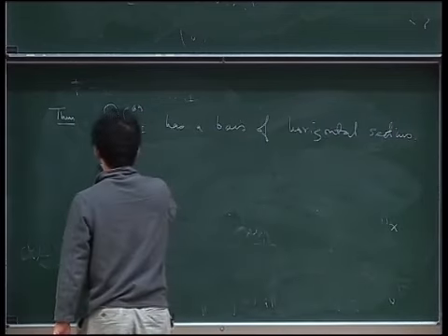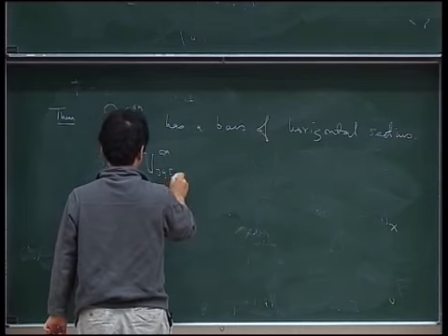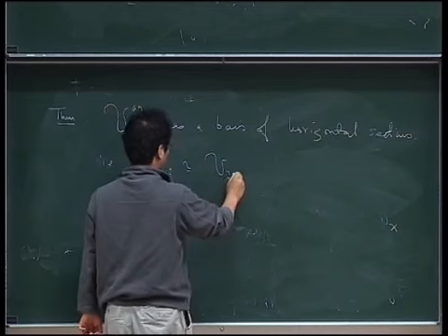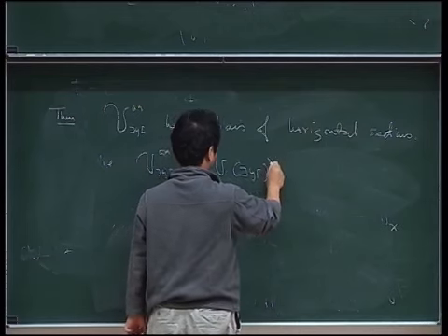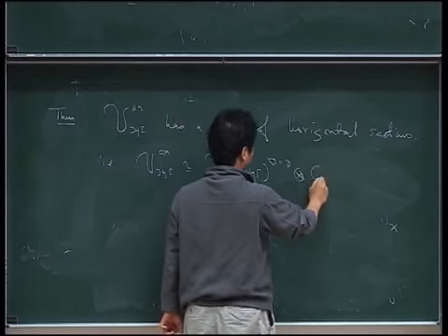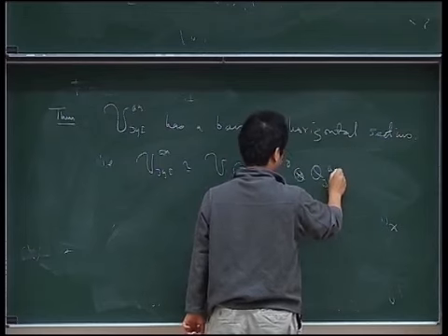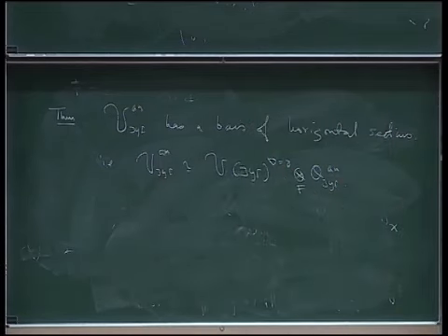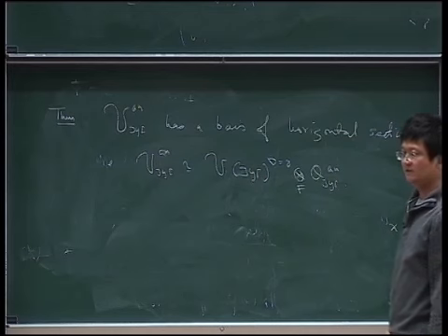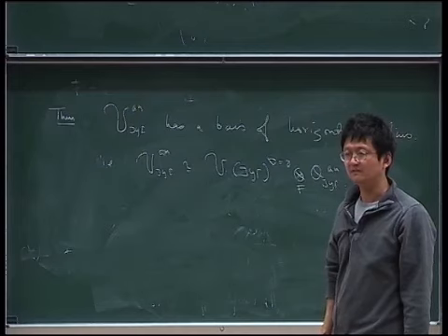That is, this thing here is generated by horizontal sections. And the proof is easy if you consider the classification theorem that I stated a moment ago.